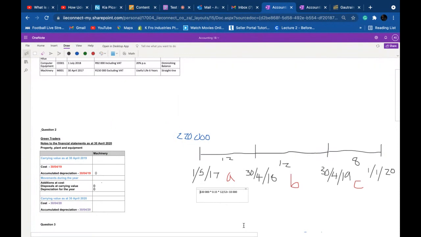This is A. I'm just going to copy this because it's the same thing. And this is B. And then we have C, which is going to be different. Because remember, here we have 8 months.